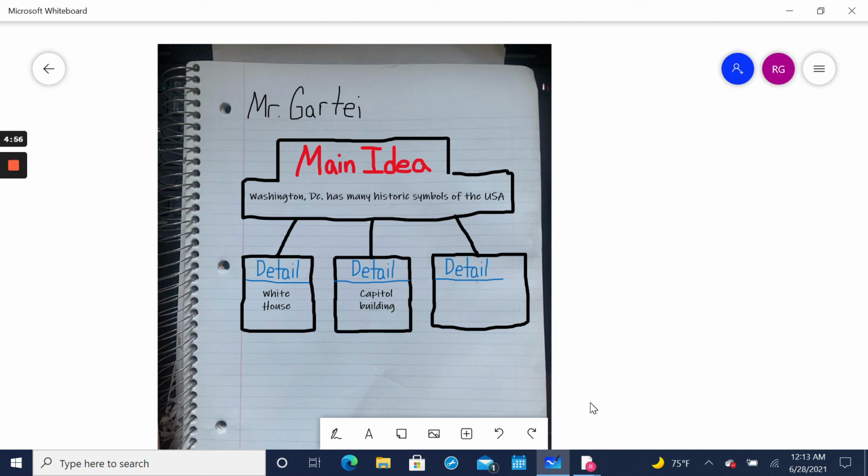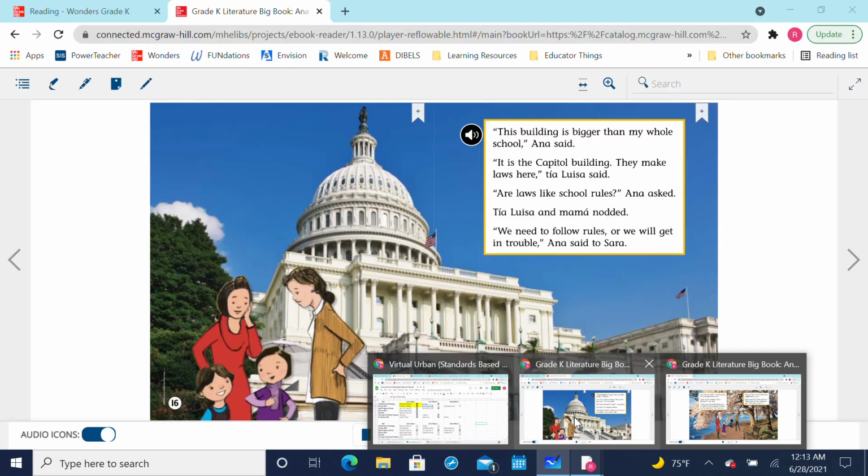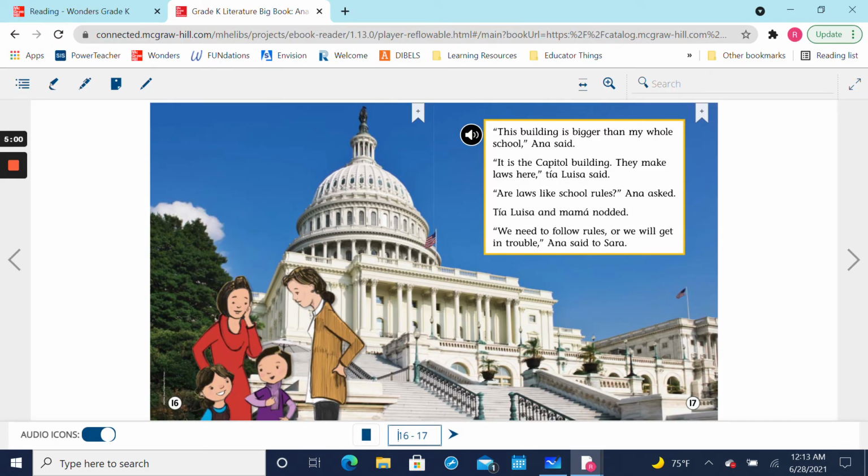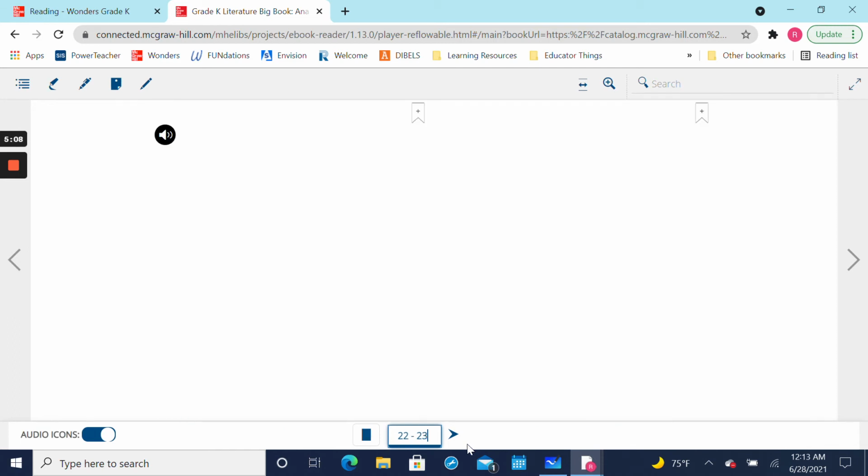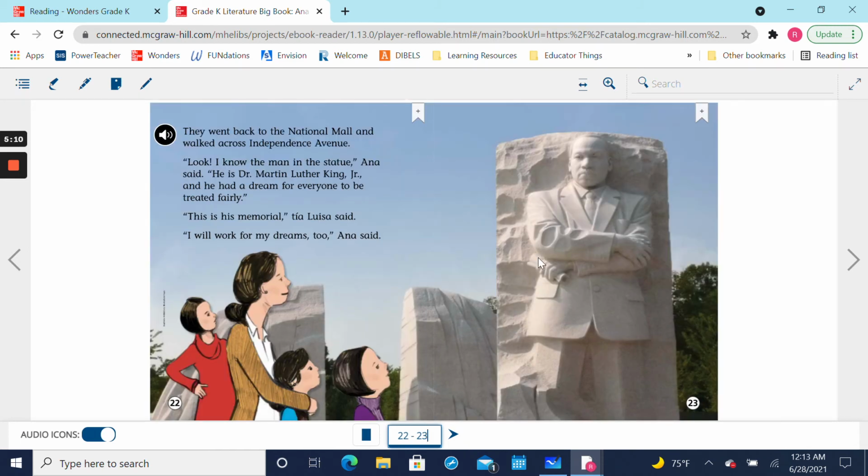Alrighty, the last place that they visited, the last historic symbol that we're going to look at, is this place right here. What is this place called? If I reread, I can definitely figure it out. It says, "Look, I know the man in the statue.